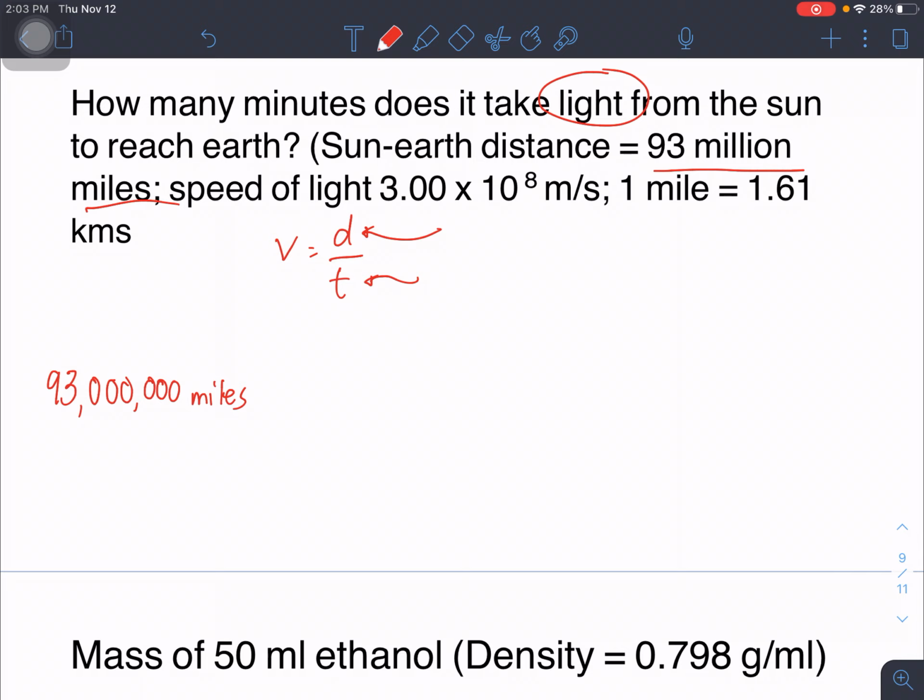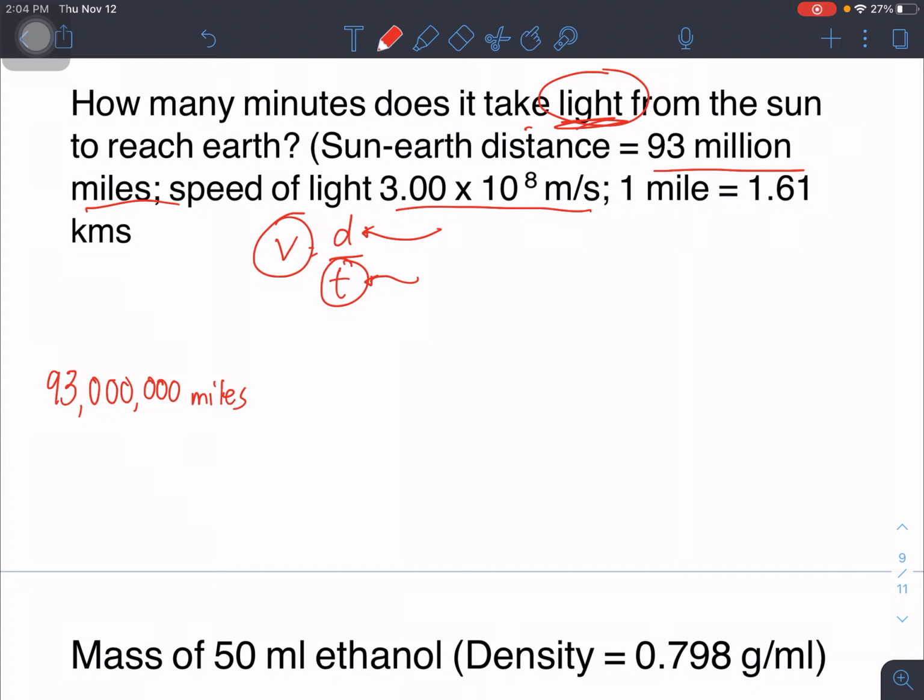So in order to find the time, you should use the speed and the light, the object that travels from sun to the earth. So it was pertained as light. Okay, so we should know what will be the speed of light, and it was already given on the problem. So the speed of light is 3 times 10 raised to 8 meter per second.